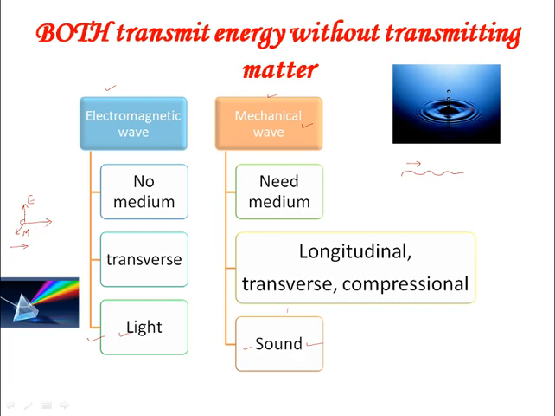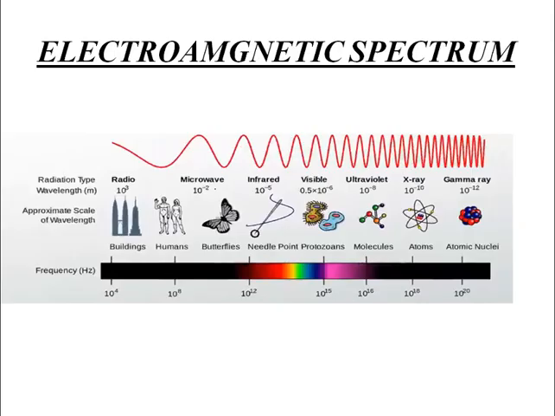That is, the particle is moving in a direction perpendicular to the flow of the EM wave. The EM wave is propagating in this direction, and the particle moves perpendicular to the propagation. That is why it is known as a transverse wave. We will deal with it later. So these are the basic differences between transverse electromagnetic wave and mechanical wave.